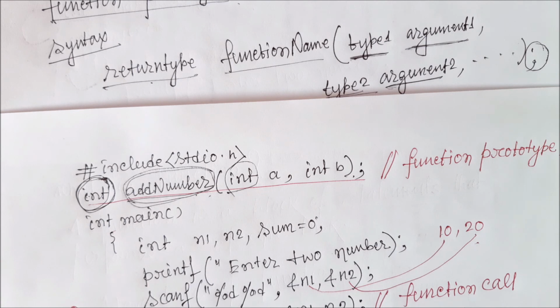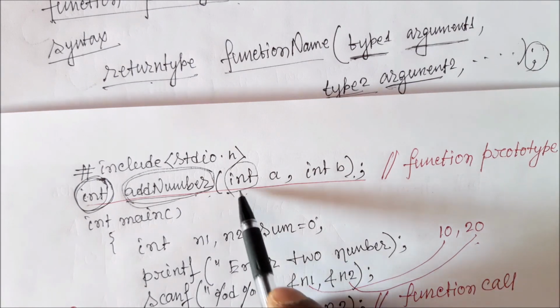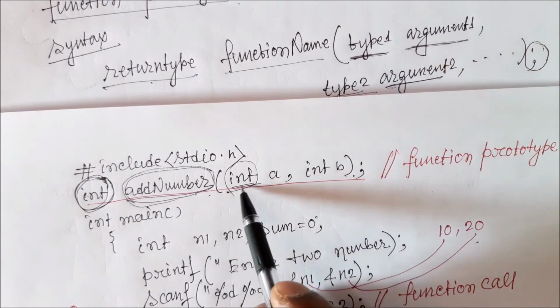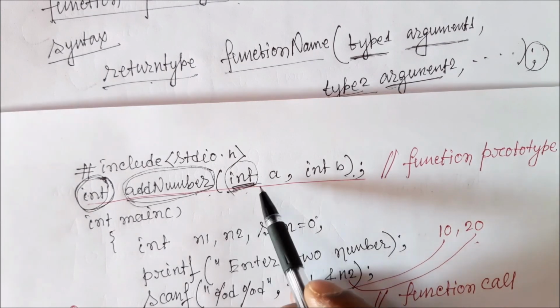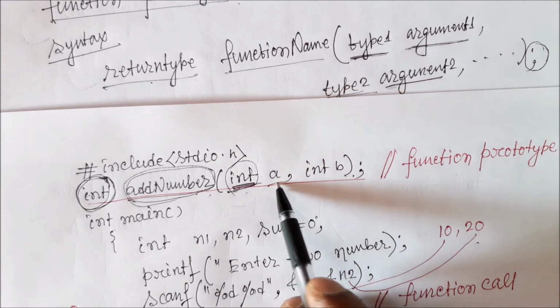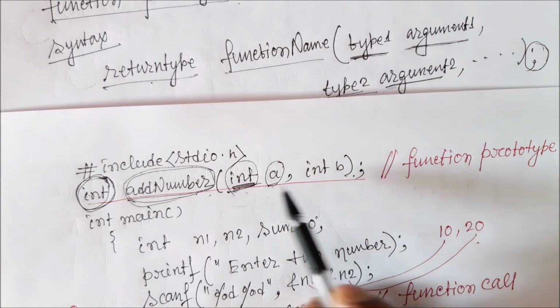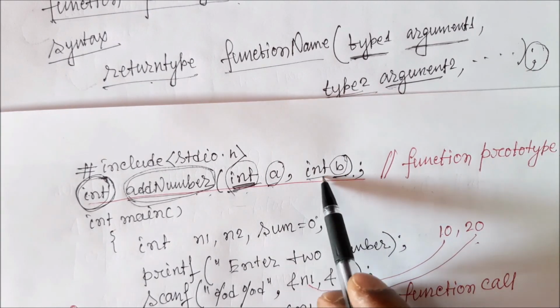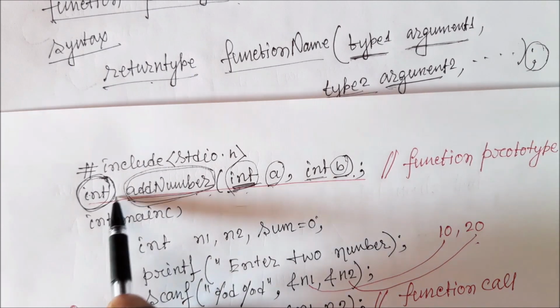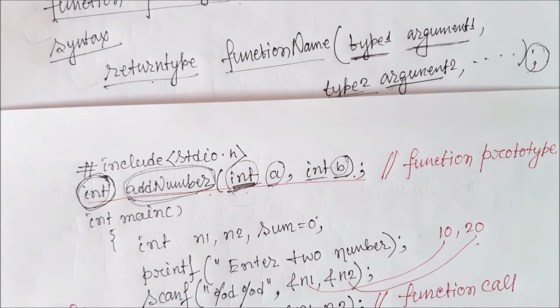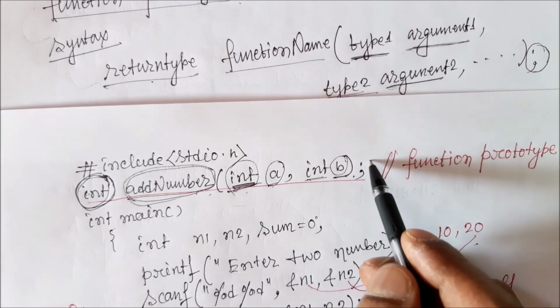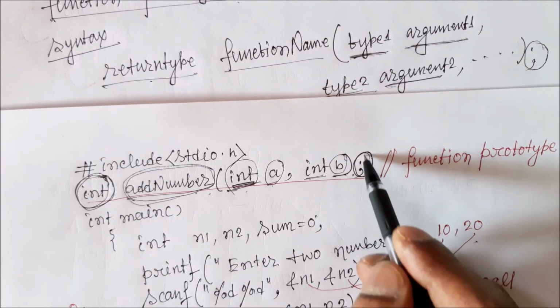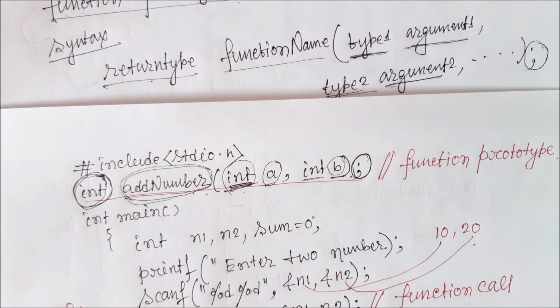So, this is type 1, meaning what kind of data we are going to pass in this function. This is the name of the first argument A, and this is the second argument B, and this is the data type. In this function we have simply followed the syntax, then at the end we have used a semicolon. That is actually called the function prototype.